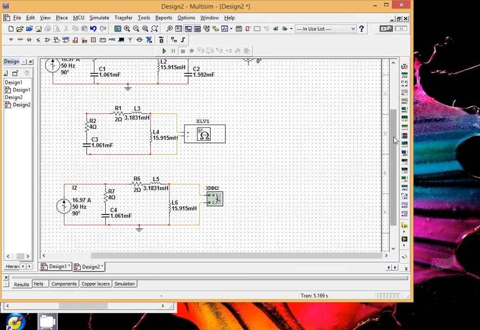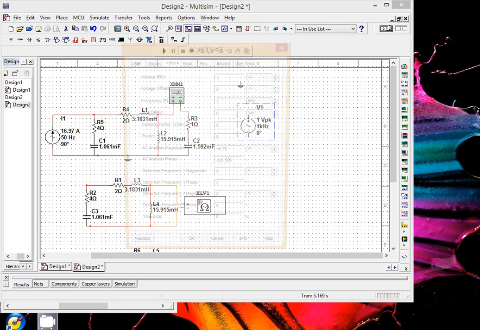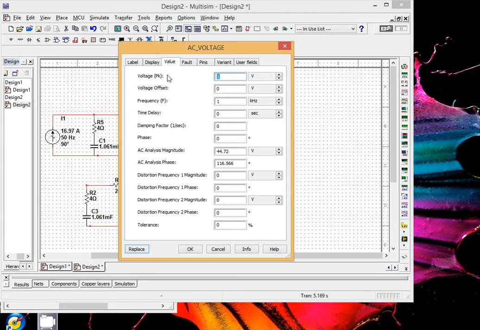Okay, and again you have to change your RMS value into peak value. So multiply 44.72 with square root 2. So you will get 63.27.